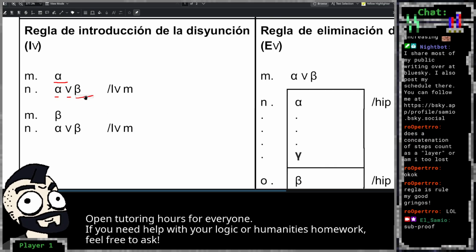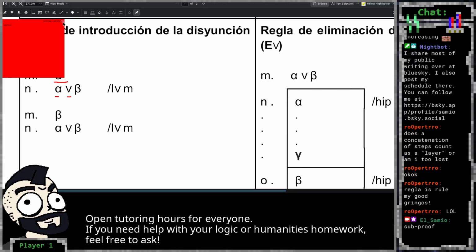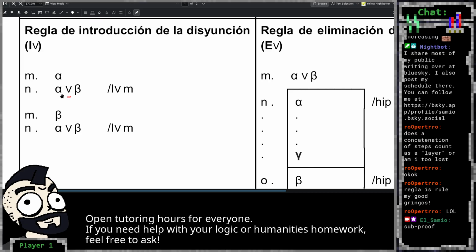In fact, I am losing information. I'm losing specificity when I do this. Because I know if I am eating tacos, then I am eating either tacos or pizza.